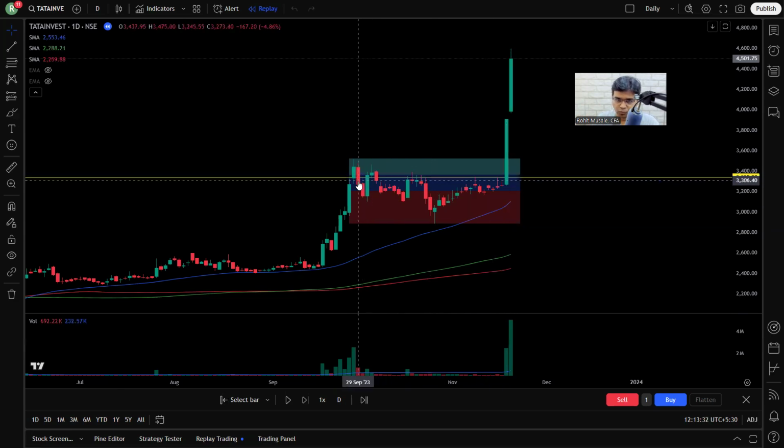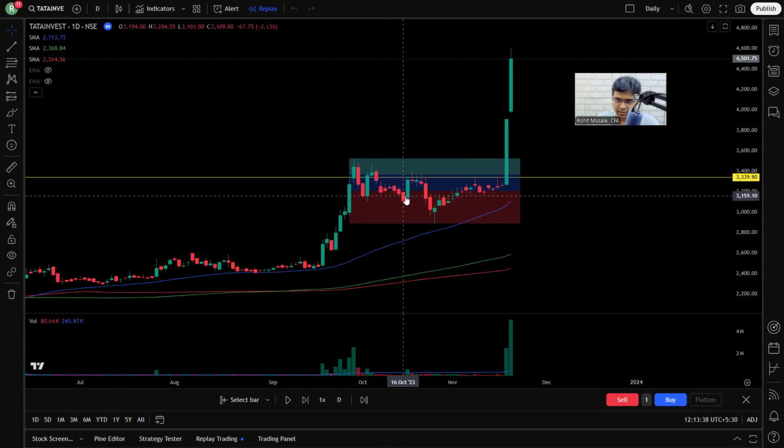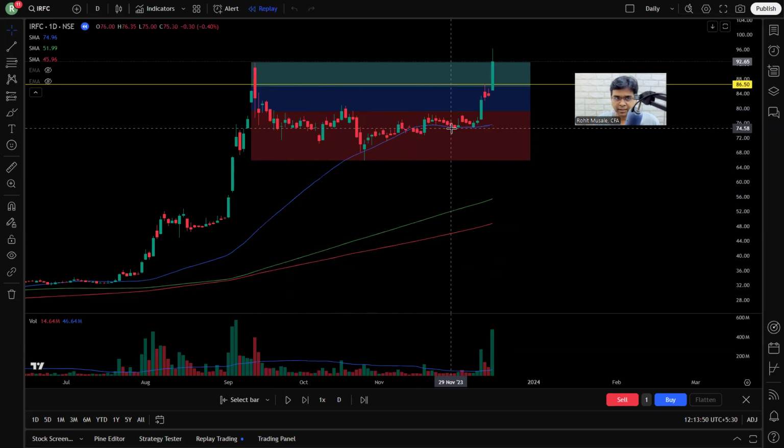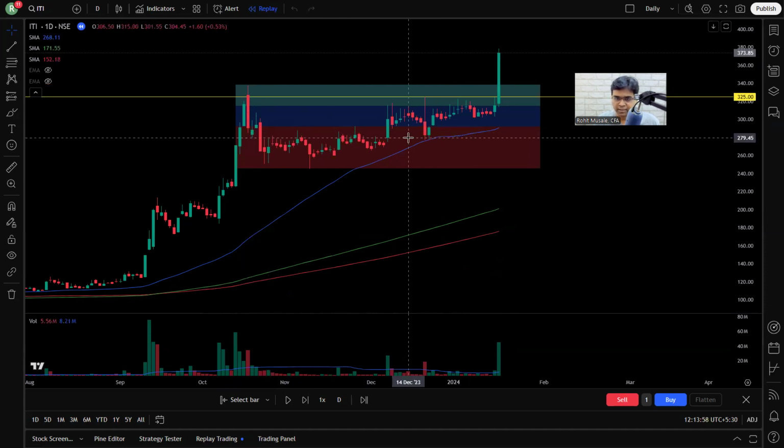Start from here: 1, 2, 3, 4, 5, 6, 7, 8, 9, 10, 11, 12, and so on. So it has more than 10 candles. Next, this is point one. We will ignore this candle and start counting from here, easily more than 10 candles. Here in this chart, we will ignore this candle and start counting from this, easily more than 10 candles.